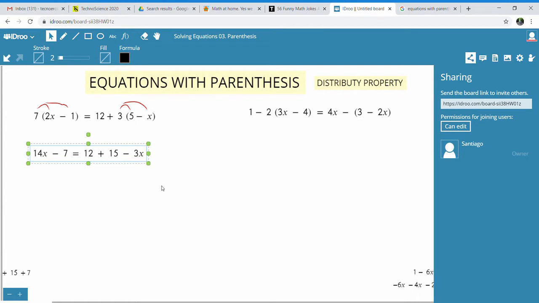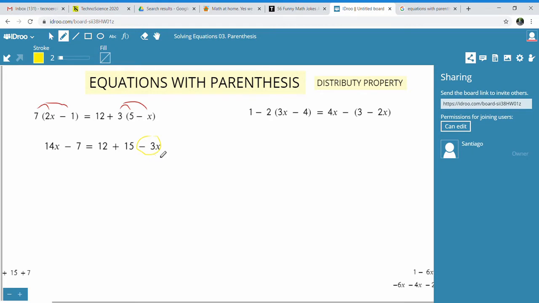Now, next step. Now we need to pass all x terms to the left and numbers to the right. How do you do that? Look, for example, you have this negative 3x that is on the right, and I want x terms to the left.